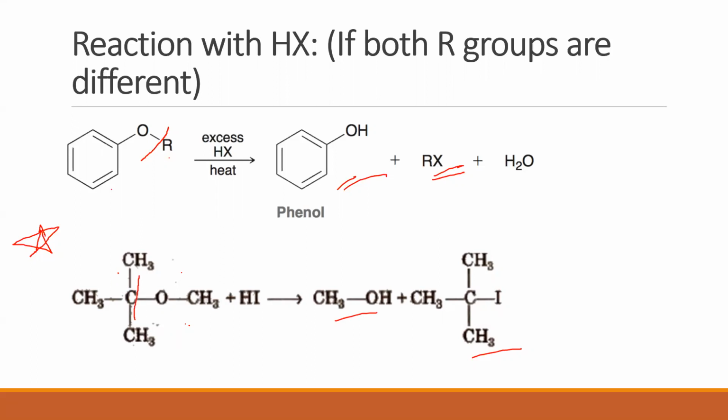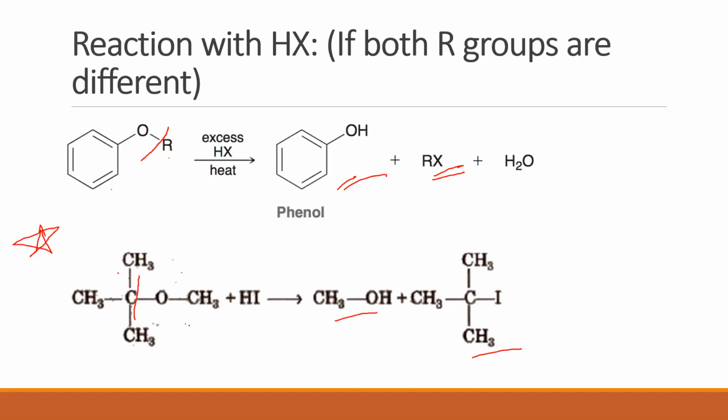So the point is very simple. Let me just brush this up for you. Ethers, when they react with HX, result in the formation of two products. One is an alkyl halide, another one is an alcohol. Now, which forms the alkyl halide and which forms the alcohol is determined by the nature of the R groups. If both the R groups are the same, then we need not worry because we get the same product with the same R group.